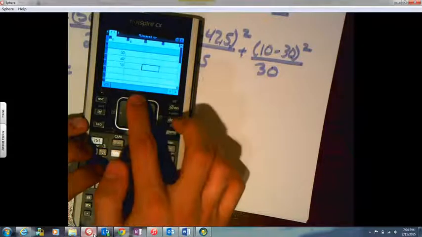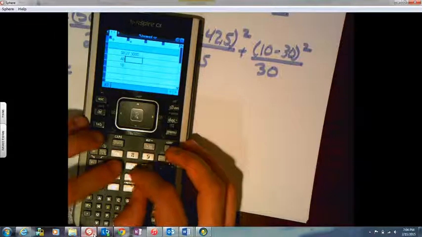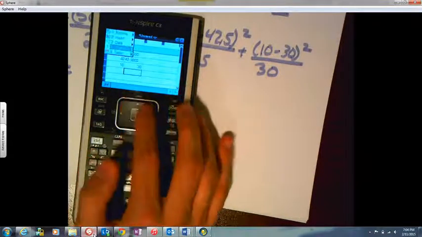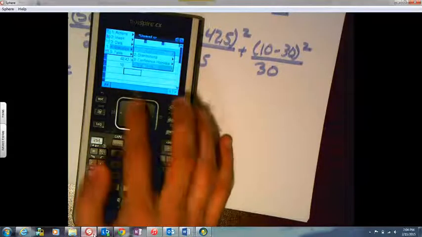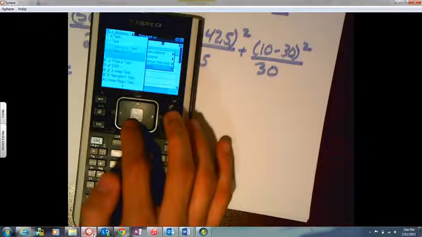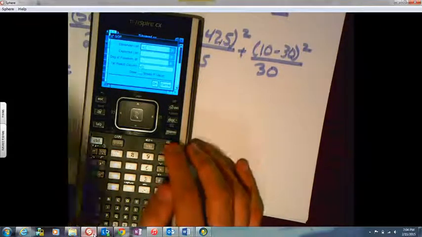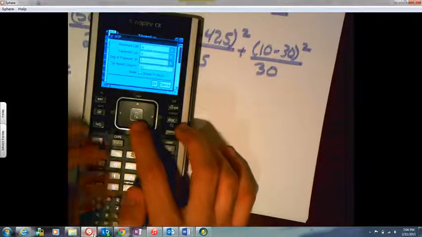Expected was 27.5, 42.5, and 30. Then we go menu, statistics. Stat test. GOF, goodness of fit. Observed list was O. Expected was E. Degrees of freedom are 2. Click OK.